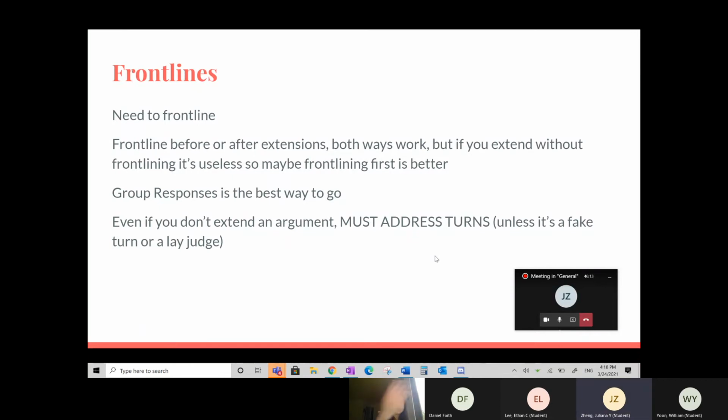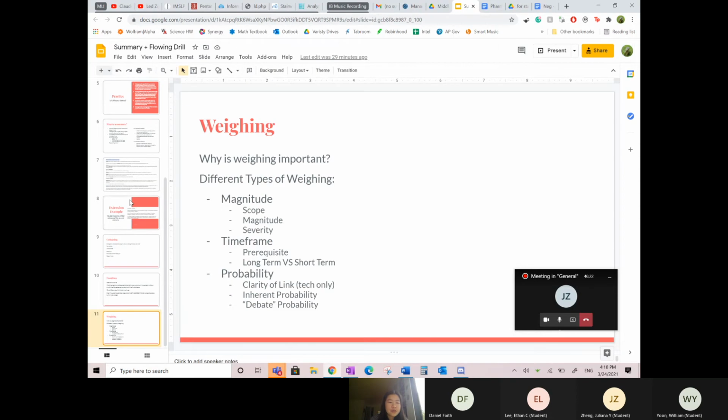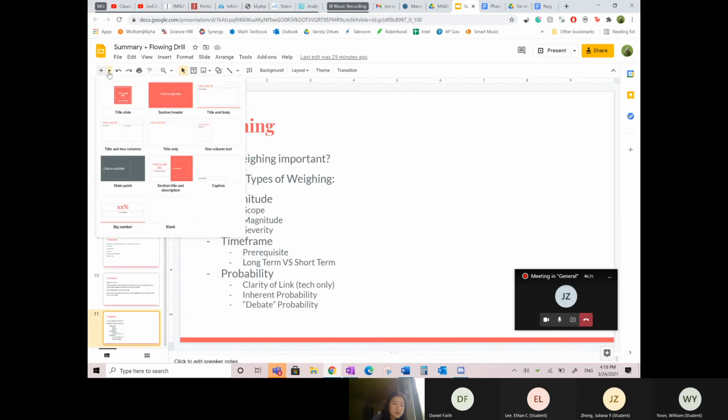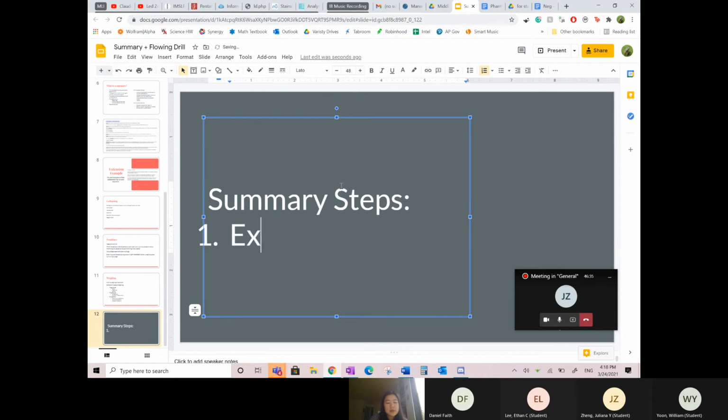All right, so that's frontlining, right? Okay, and then last is weighing. So let's say you have to do summary, right? You might be wondering, what are the steps to a summary? The first step, extend offense.